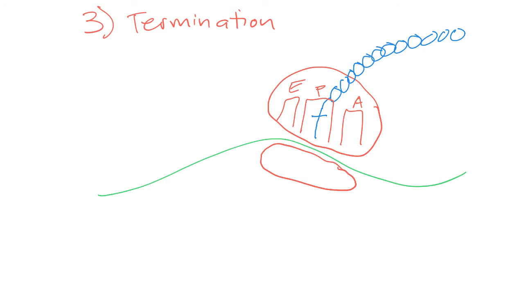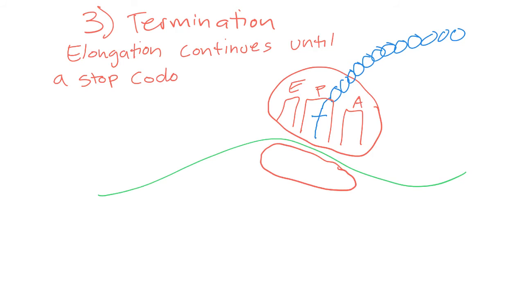And so elongation goes continuously until you get to a stop codon.